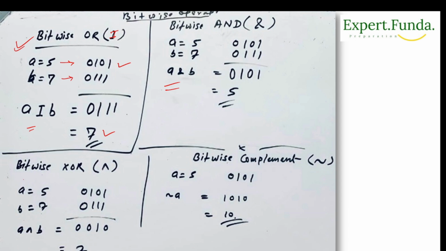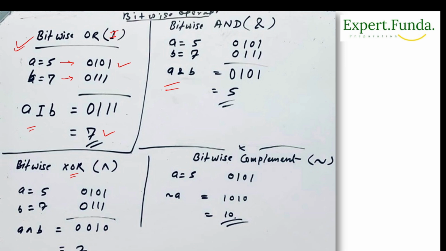Next we have the bitwise XOR operator, and here we'll use this operator. If we use the same A and B decimals, the binary representation will look like this. When there is a 0 and a 1, if one is 0 and the other is 1, then in that case it will become 1. It acts like a switch.